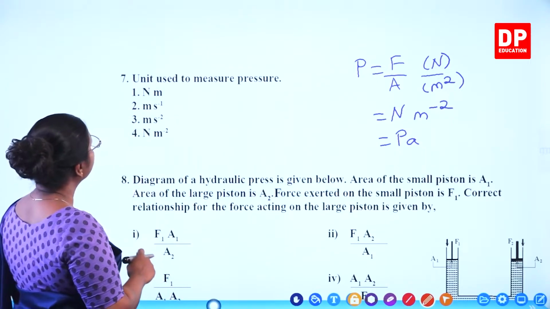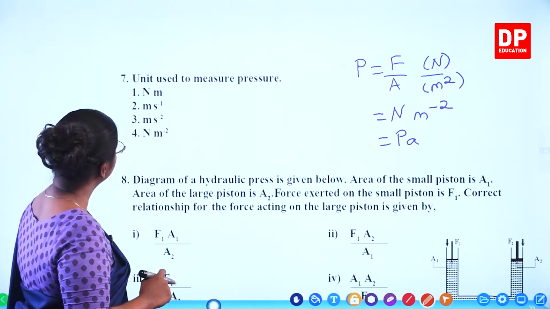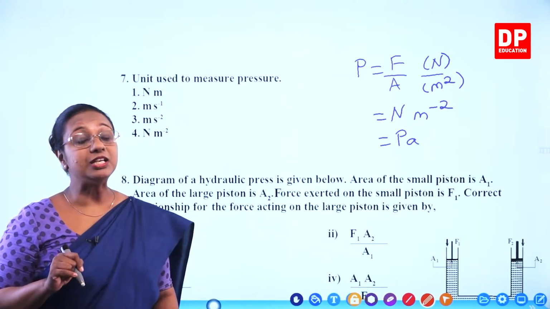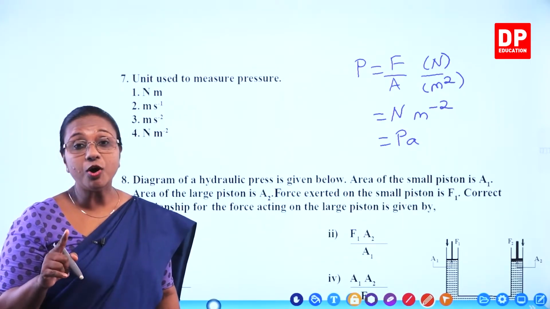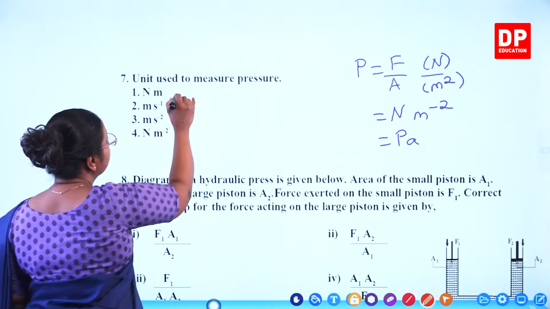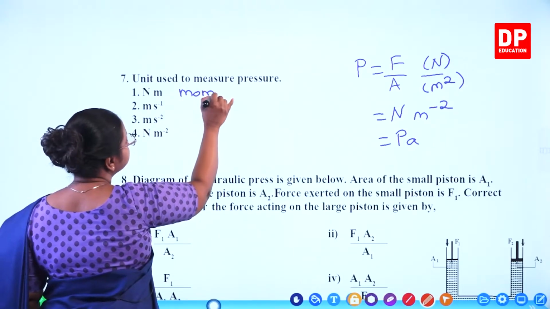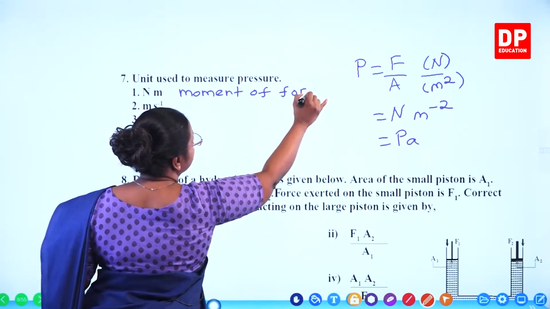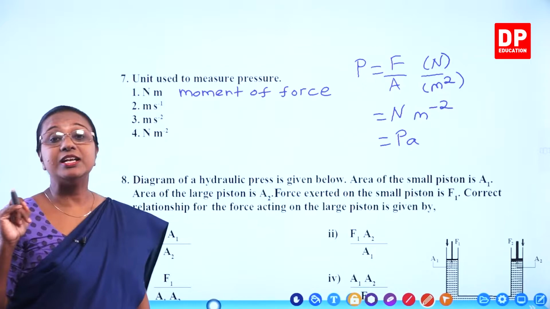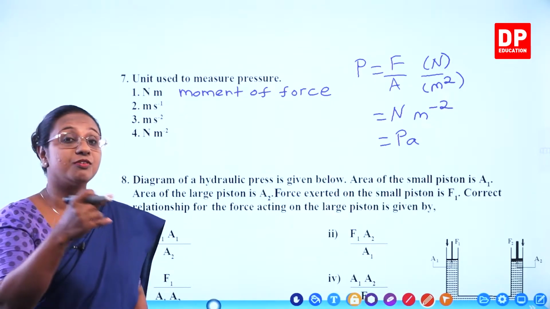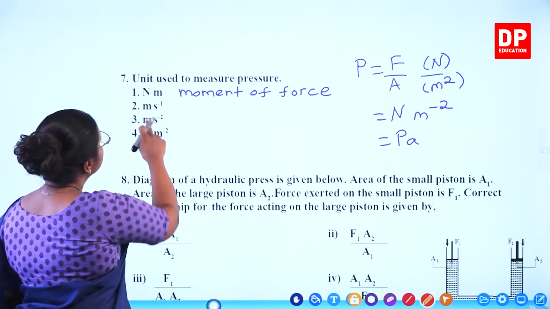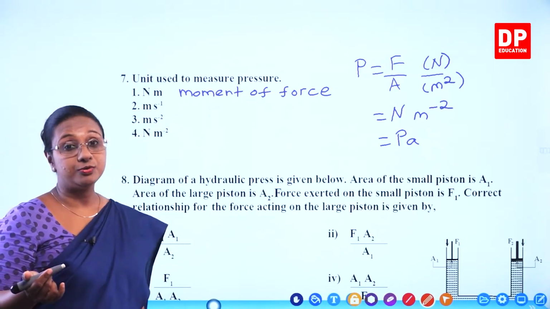Now let's look at the answers. Unit used to measure pressure. First one, Newton meters. You are familiar with that unit also. We use that for moment of force. Moment of force: force into perpendicular distance from the point of application of force to the axis of rotation. So, Newton meters. Then meters per second. Where do we use that?